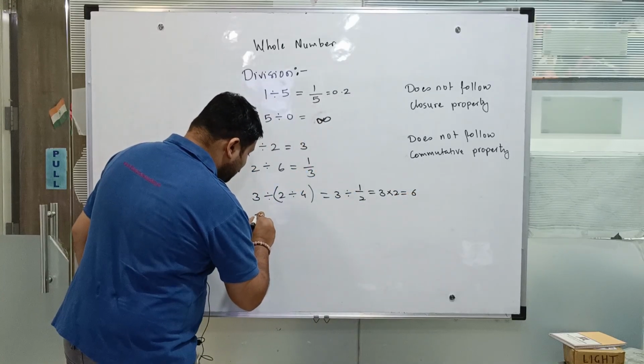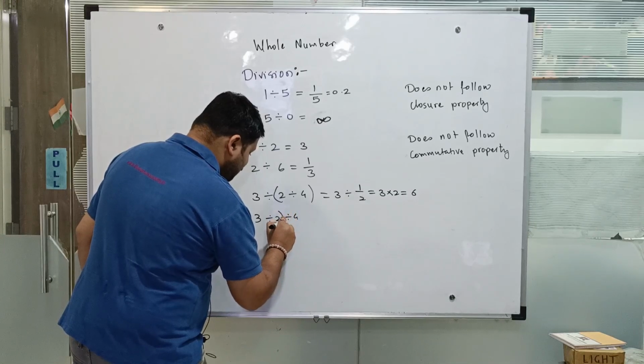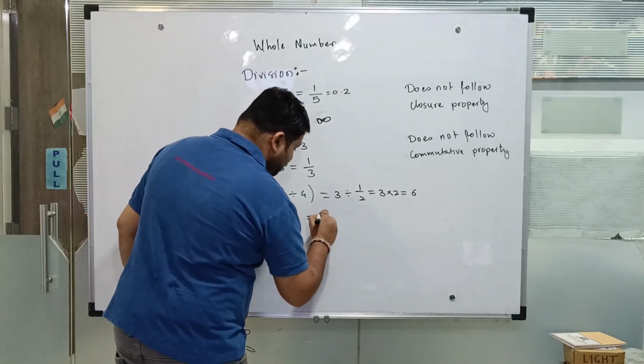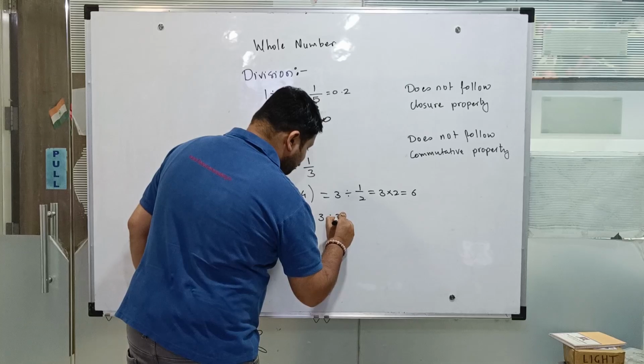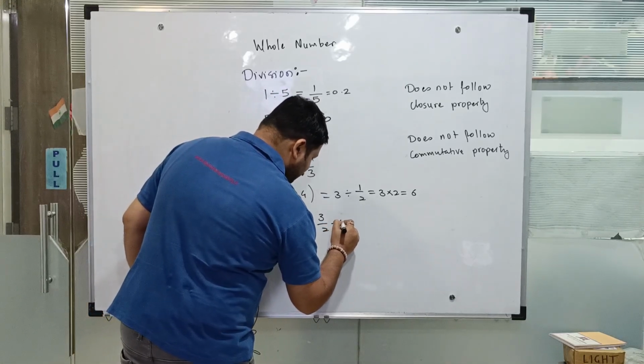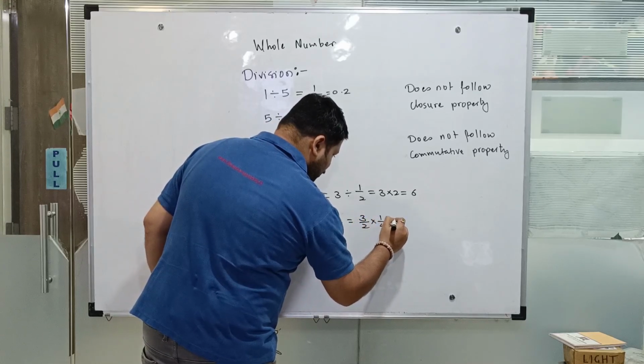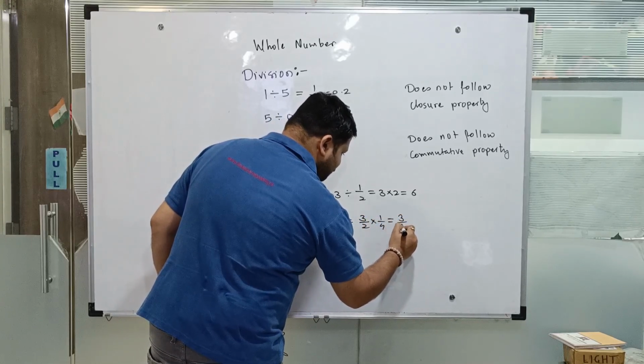And if I group it the other way, 3 divided by 2 is 3 upon 2, divided by 4, so that is 3 upon 2 multiplied by 1 by 4, which is 3 by 8.